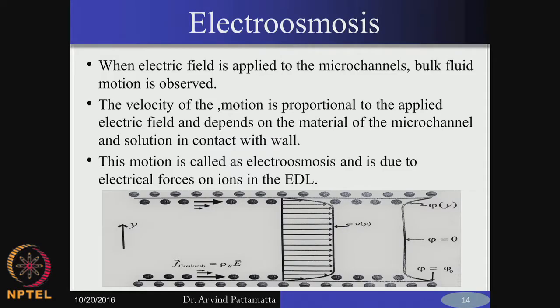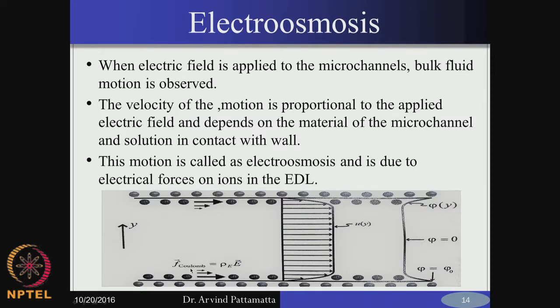Okay. So, when we put in an external electric field, what we can immediately observe is the phenomenon of electroosmosis. You apply an electric field along the positive x direction, and this results in the Coulomb force, denoted by F Coulomb, which is equal to the local charge density rho e times the electric field.